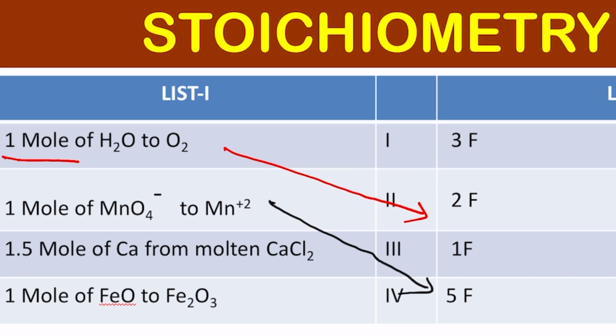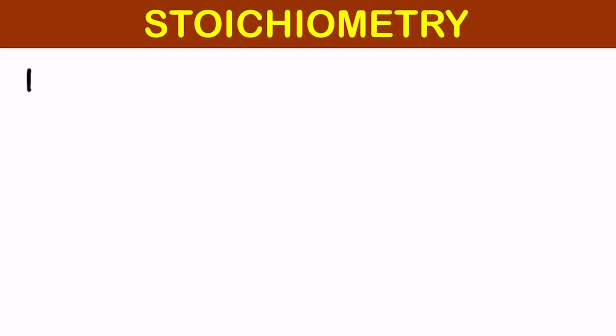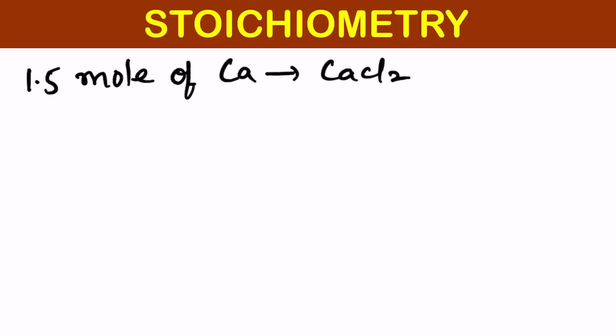Now the third one is 1.5 mole of calcium from molten calcium chloride. So CaCl2 gives rise to Ca. This is an alkaline earth metal.